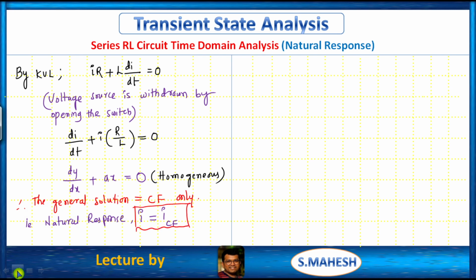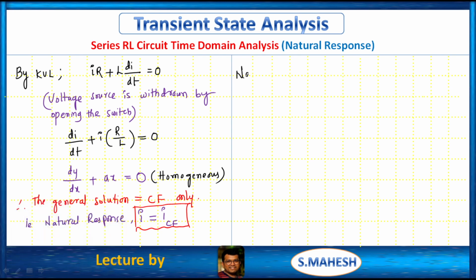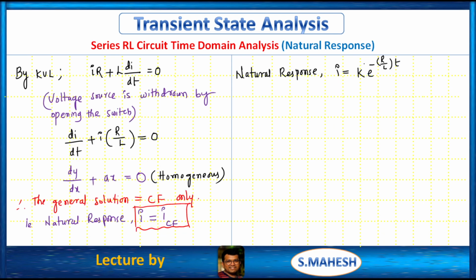Then what is the nature? Natural response I equals the complementary function. The notation is: now it is k into e power minus R by L into t, but here it is not k, it is k dash, since the switch is from S to S dash.